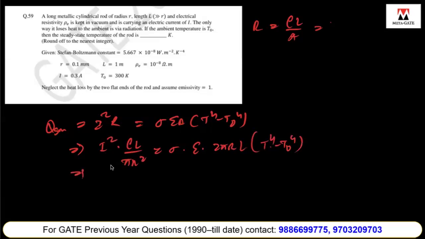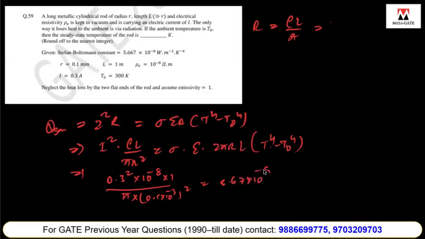So you have I square as 0.3 square into resistivity, which is 10 power minus 8, into length, which is 1 meter, by pi into R as 0.1 into 10 power minus 3 whole square, which is equal to sigma, 5.67 into 10 power minus 8, into epsilon, given as 1 (neglect the heat losses), into 2 into 3.14 into R, given as 10 power minus 4, into length, given as 1, and T power 4 minus T naught power 4, where the ambient temperature is 300 power 4.